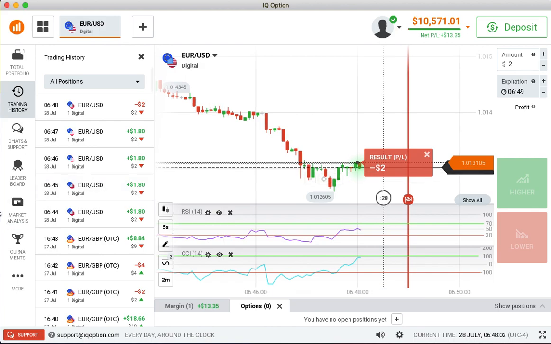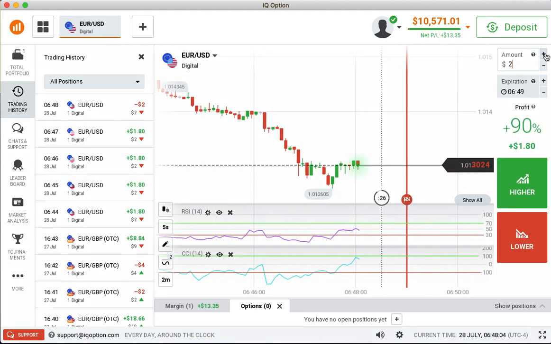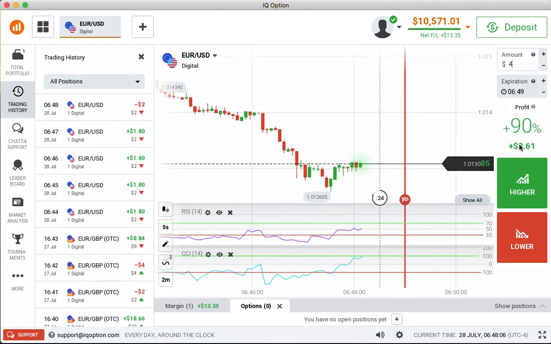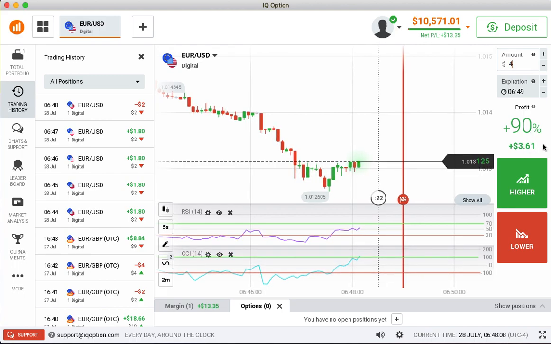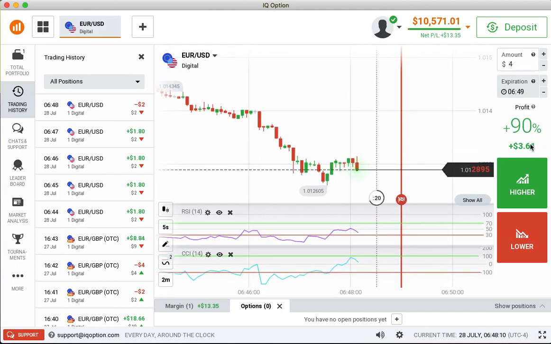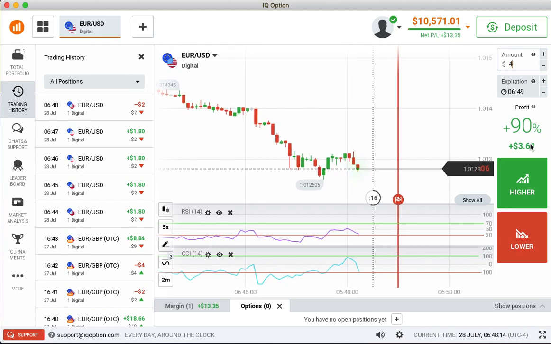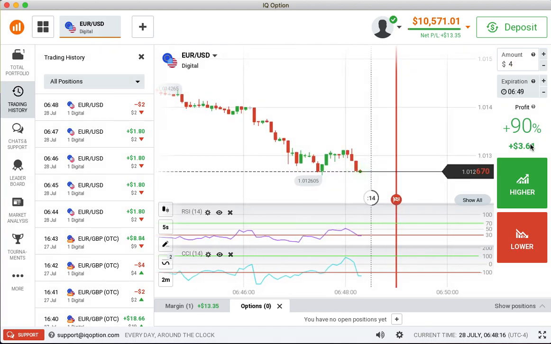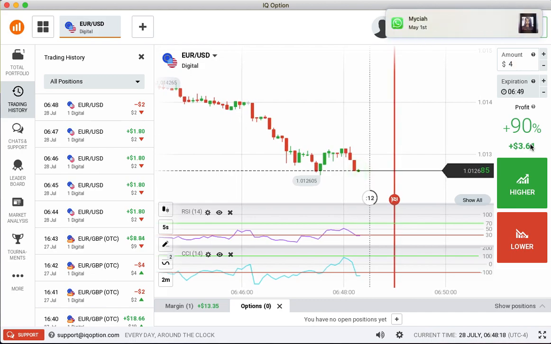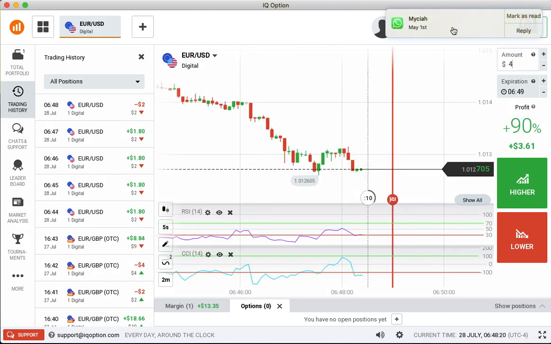Okay, so this trade is a loss, right? Which is a good thing because since two lost, we do four, and you see that four gives you back your $2 plus $1.61, right? This is at 90% profits, and this is very good, really good, extremely good, right?